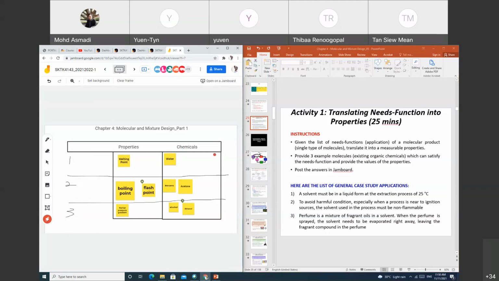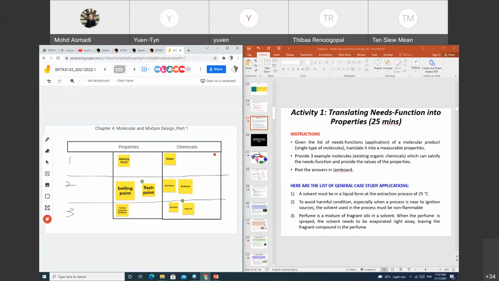So for this part, the main important content is the difference between molecular design and mixture design or blend product, and also needs function, properties, as well as the chemical.